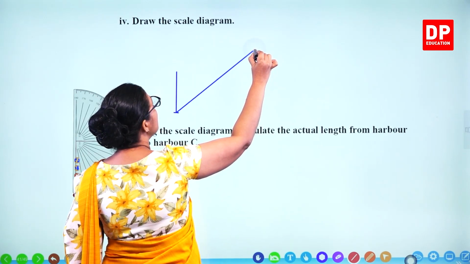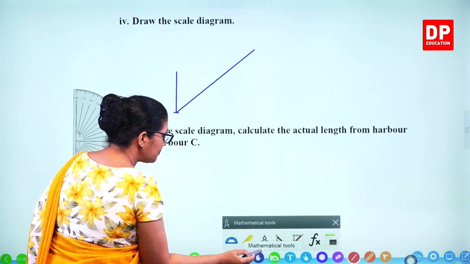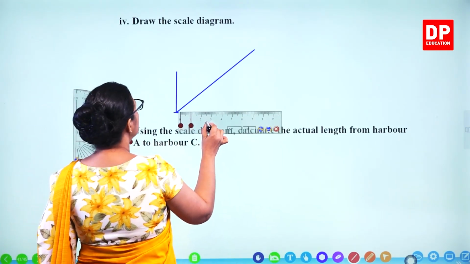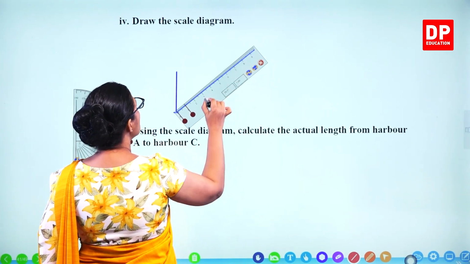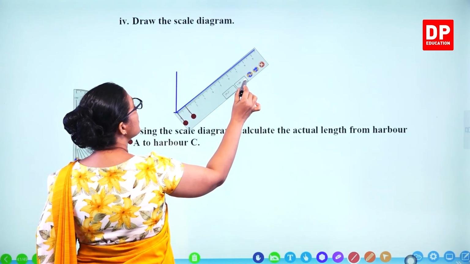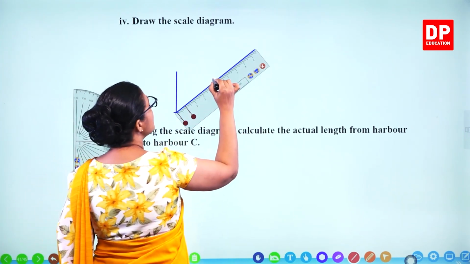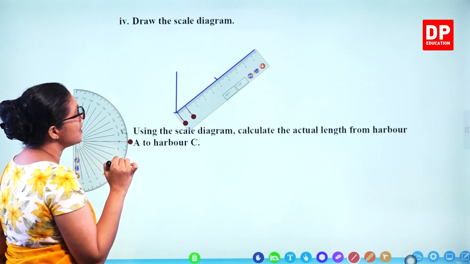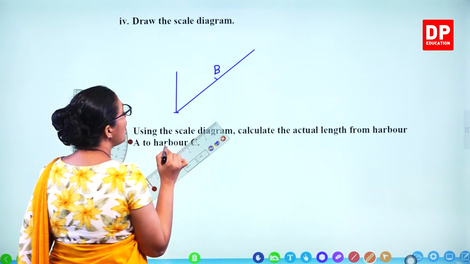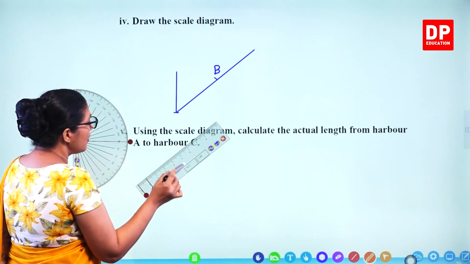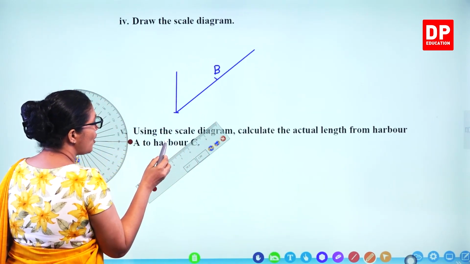Now how many centimeters do we need? 5 centimeters. So you take the ruler, you can measure the length from here to here. 5 centimeters. So here, this one. So that's B. So this is point B. Now we have to draw the north line parallel to this one. So what we can do?